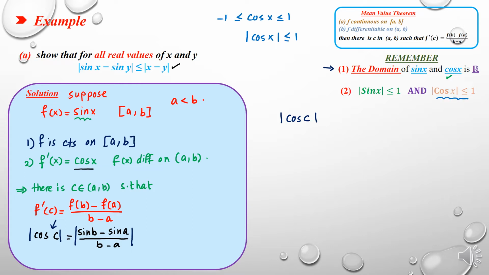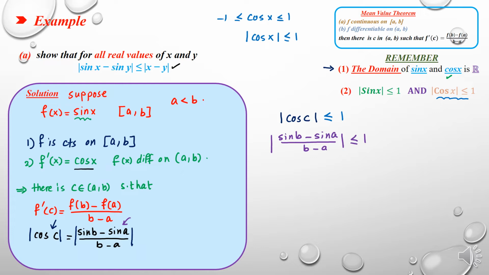So the absolute value of cosine x is less than or equal to 1, but the absolute value of cosine c is the right hand side, which means that the absolute value of sine b minus sine a divided by b minus a is less than or equal to 1.